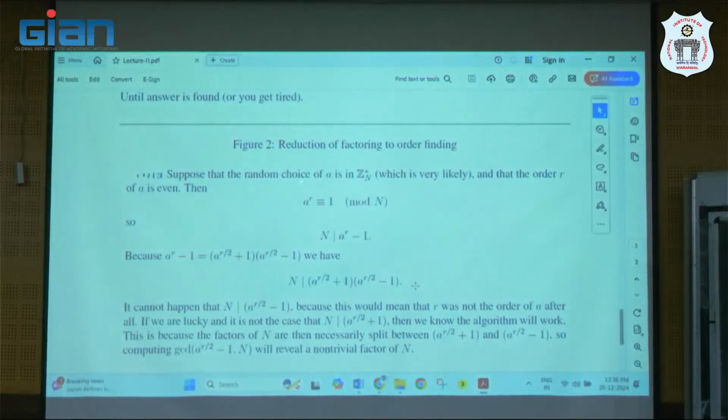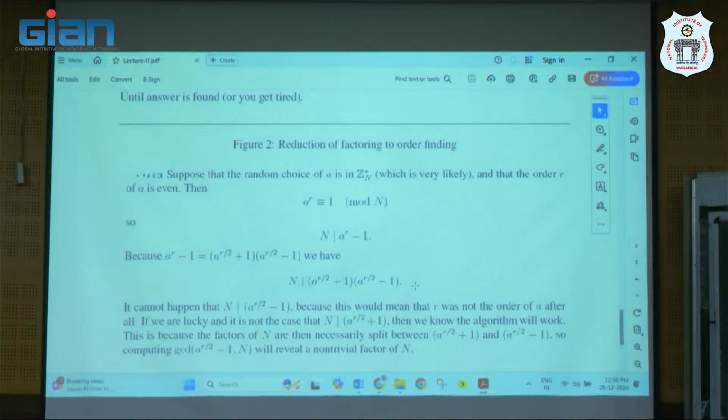So suppose we got this random choice of A which is in Z star N and its order R turns out to be even. That means A to the power R is 1 mod N, agreed?